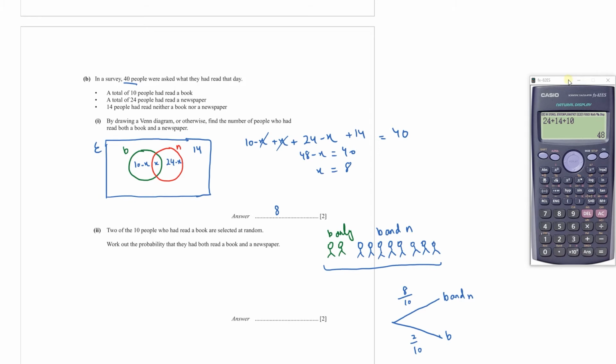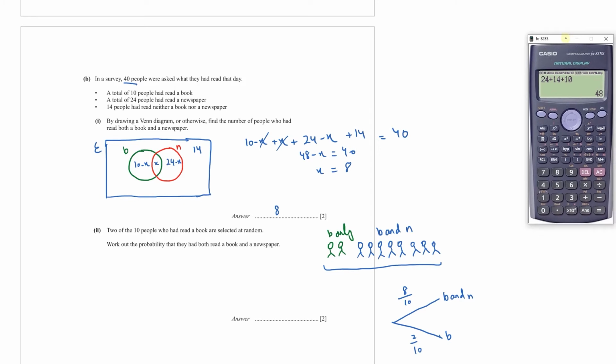Let me move this a little bit up. When you make your second choice, again, you can either choose a person who has read both the book and the newspaper, or book only. If your first choice is a person who has read both the book and newspaper, that means you have chosen one of them. So let's eliminate one.